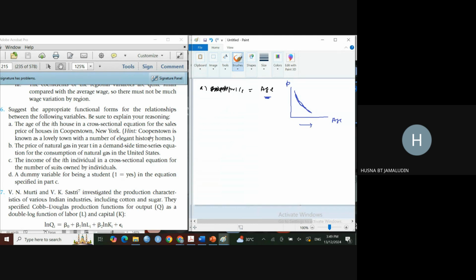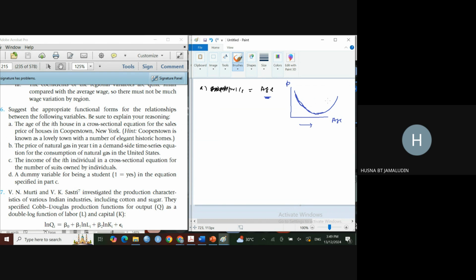But because now it says we are talking about a historic home, it means that it is a very old house. So the older the house gets, the more the value will keep increasing. So they have to be very old.